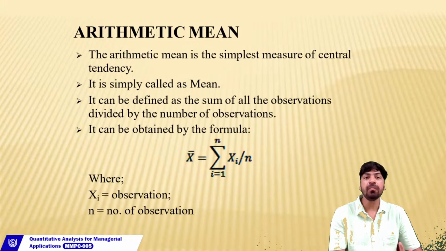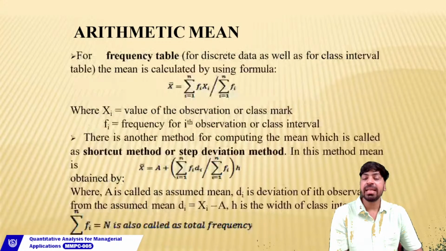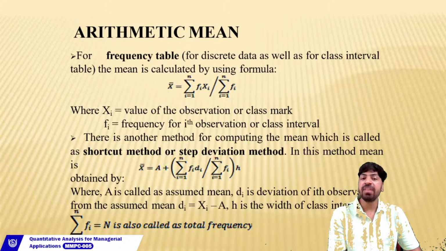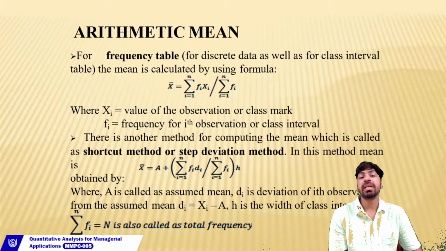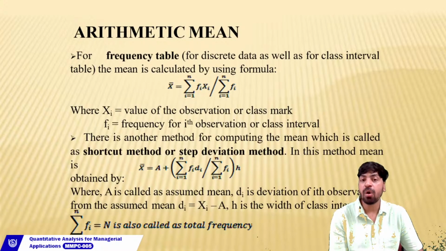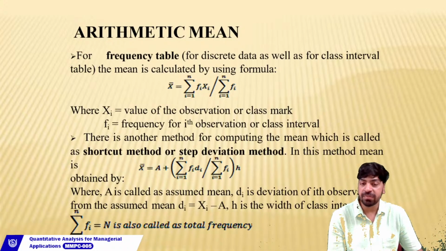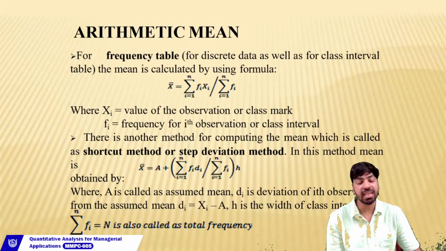For a frequency table, let's say for discrete data or continuous data, the formula is x bar equals sigma fx by sigma f. Here sigma f stands for the total frequency, whereas x is the value of observation, or in other words the class mark.